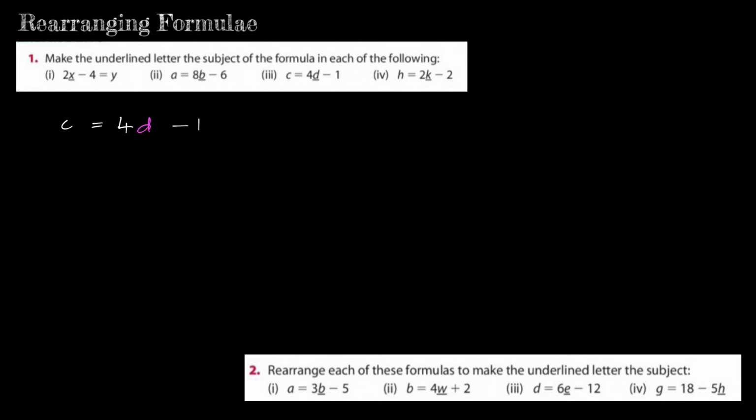In this one, obviously, what I want to do is get the D's by themselves. So I can see there that I've got 4D grouped together. So what I'm going to do is get rid of this first. Get rid of the numbers attached. So that will leave me with C plus 1, because it's going to move across the equal sign, equals 4D.